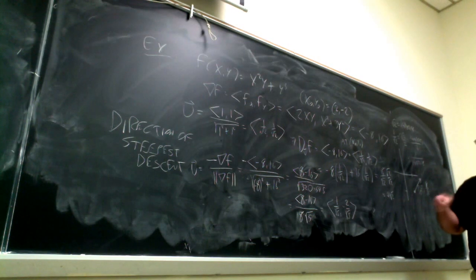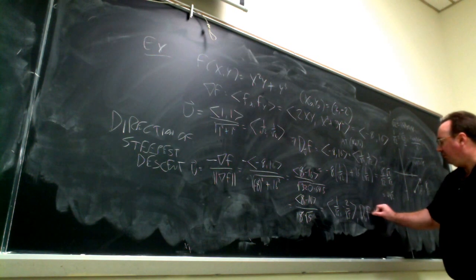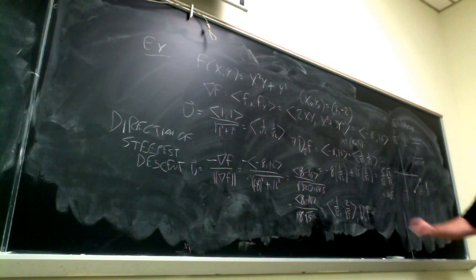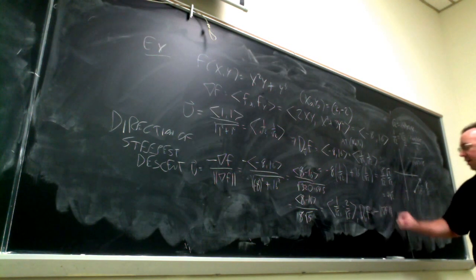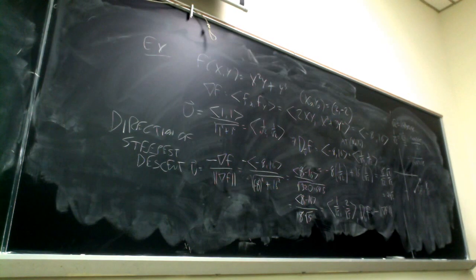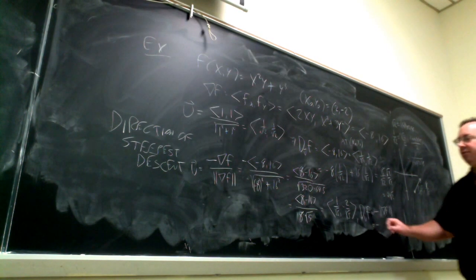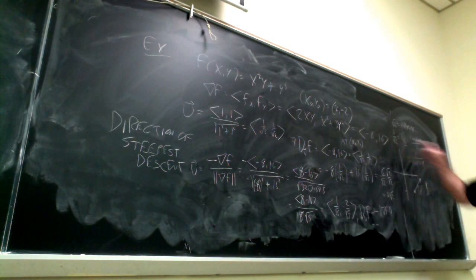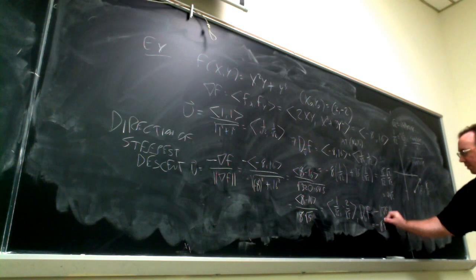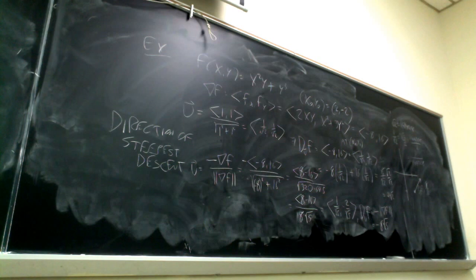Now to see how rapidly it decreases from that point, well, from before, the directional derivative is going to be minus the magnitude of the gradient. So that's going to be minus the magnitude of this vector right here, which is 8 square root of 5.